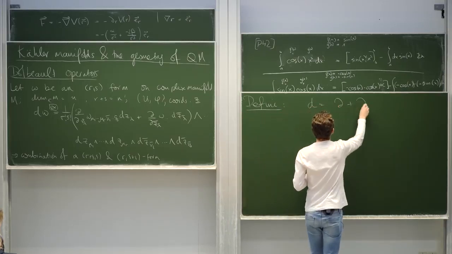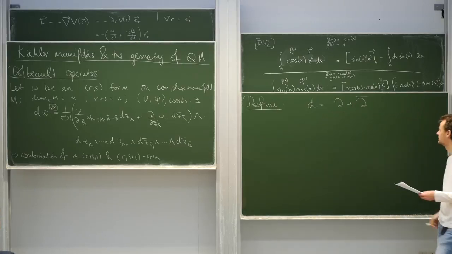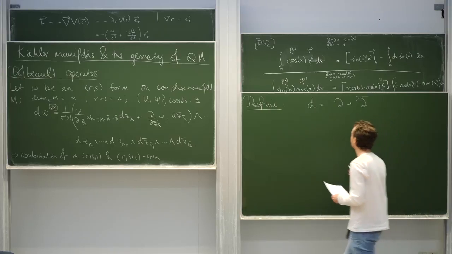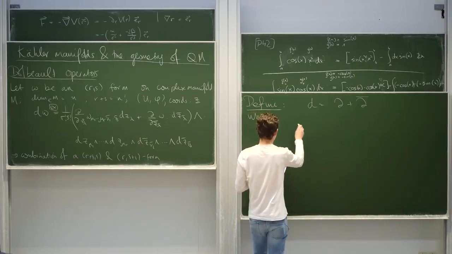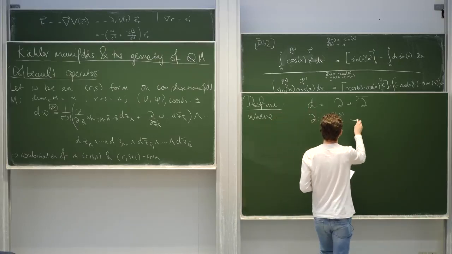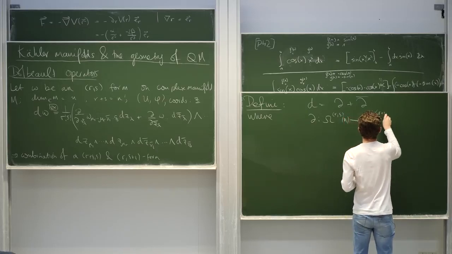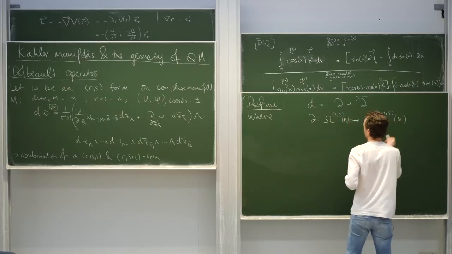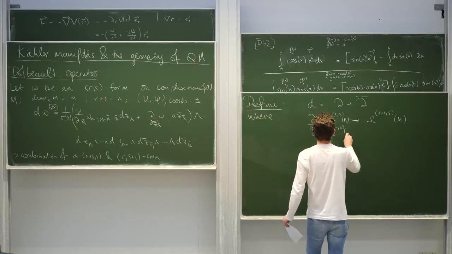We're going to express our exterior derivative as a combination of two operators, delta and delta bar, where delta takes an R, S form to an R plus 1, S form. Delta bar does the same, but on the anti-holomorphic part.